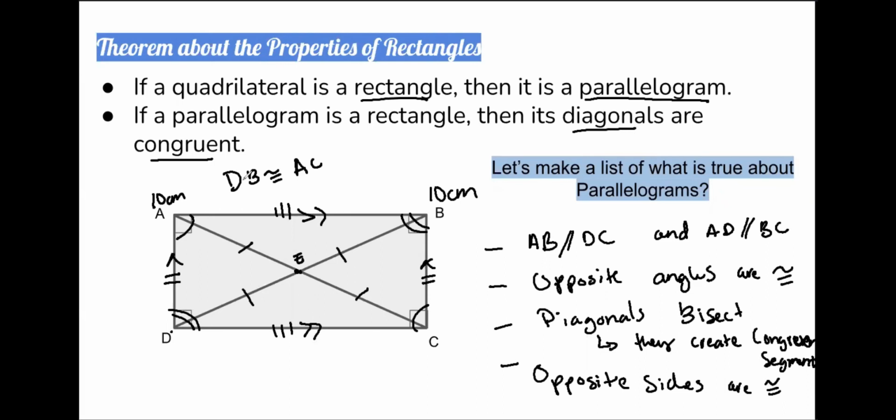And in addition, diagonals are going to be congruent to each other. So this is what's a little more important about rectangles. This is a special case of a parallelogram: the diagonals happen to be congruent to each other.